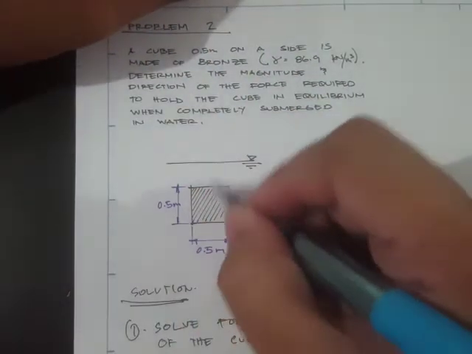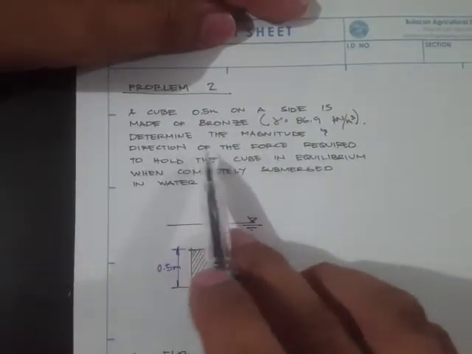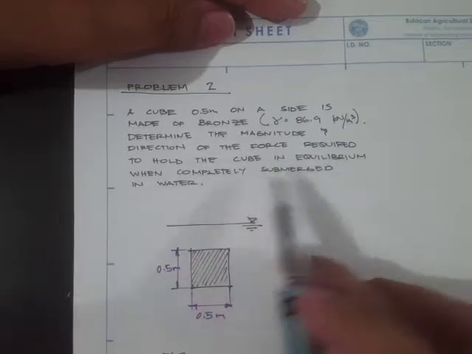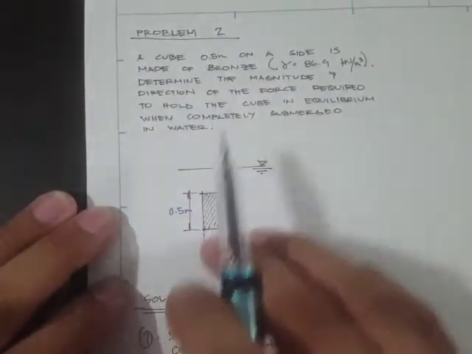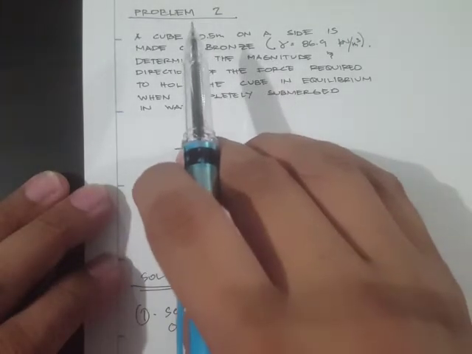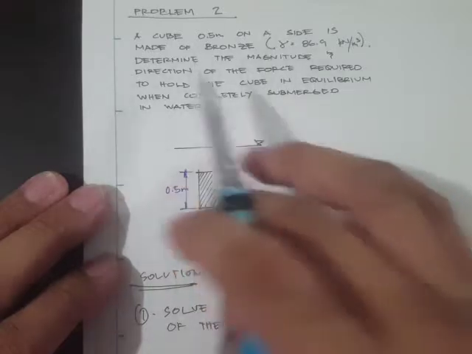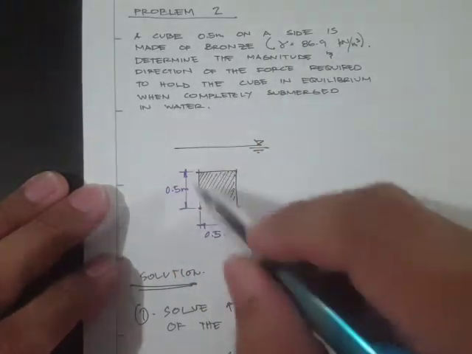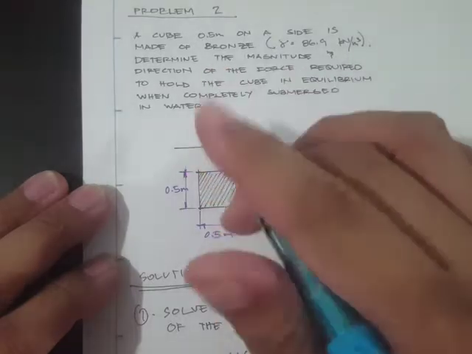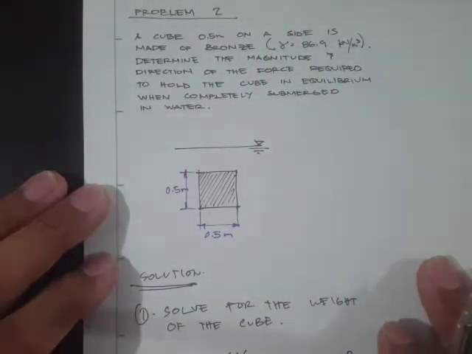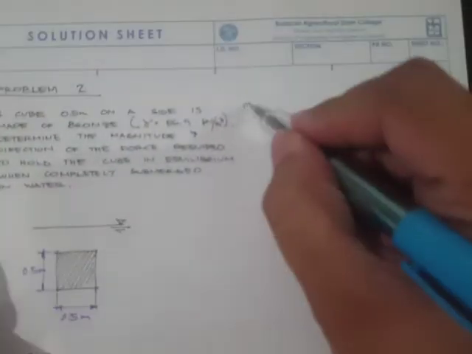Since the tendency is for the block to go downward, the force has to go upward, so that it will not go anywhere.